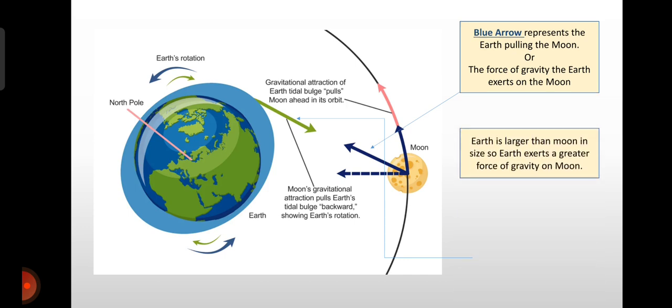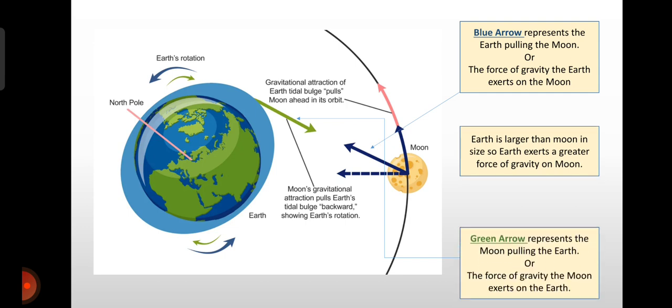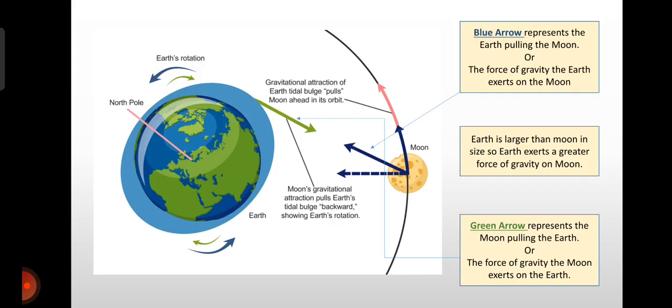Second, earth is larger in size than the moon, so it exerts a greater force of gravity on the moon. Now about the green arrow. The green arrow represents moon pulling the earth, or the force of gravity the moon exerts on the earth.